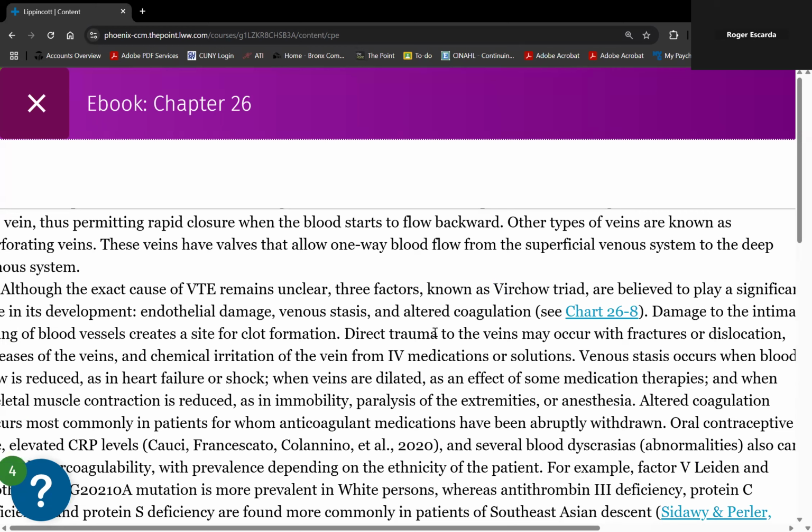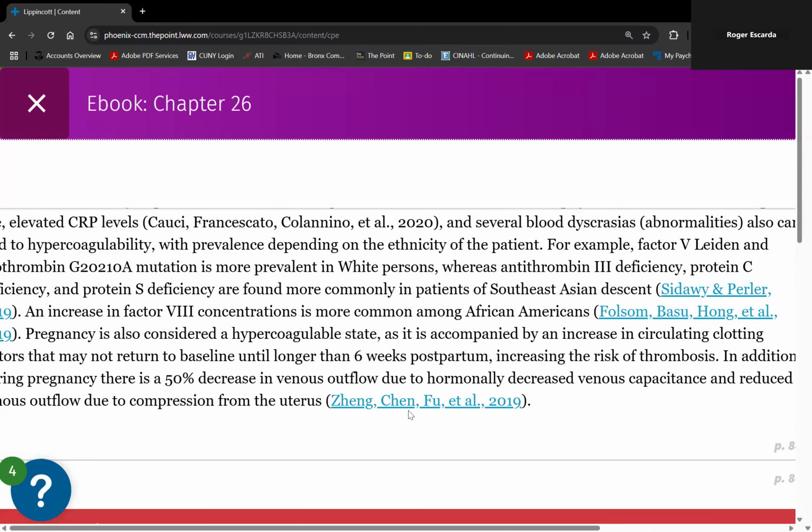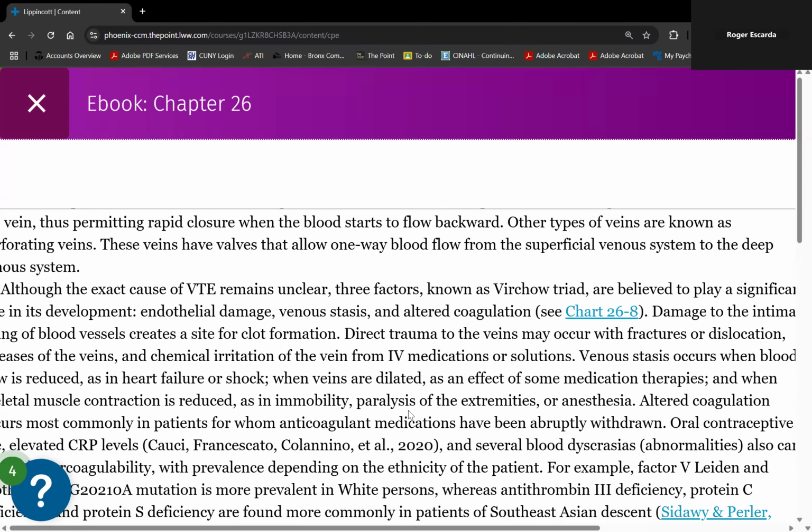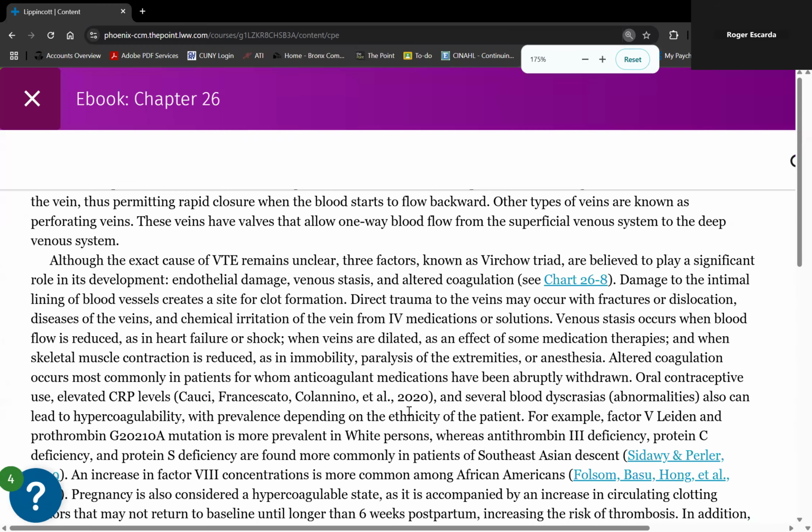One is venous stasis, the other is hypercoagulability, and the third is endothelial injury. I discuss all this in detail in the recording, so I won't do that now. But just know that these are the three ways our body makes a blood clot, meaning if one or more of these conditions are present, we will form a clot.